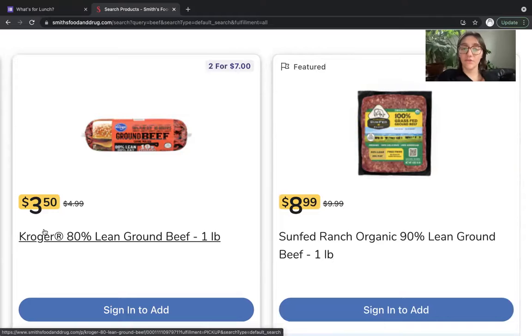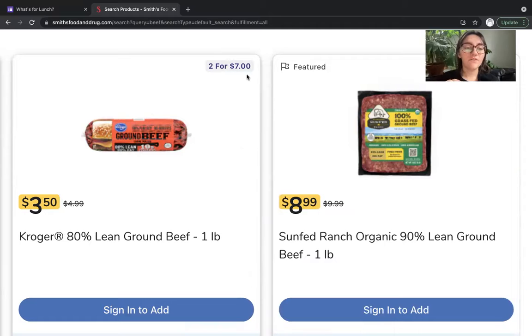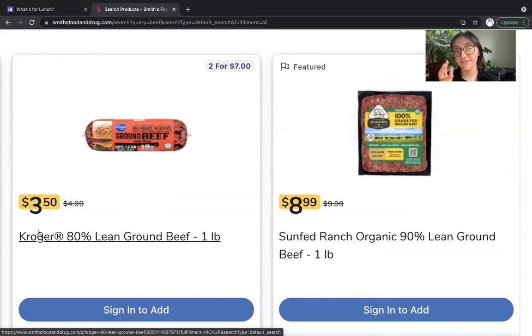The other thing that you can look at with sales and prices is this is 2 for $7. It's just letting you know that if you buy 2, you're going to be paying $7 for 2 of them, because $3.50 plus $3.50 is $7, right? 3 plus 3 is 6, 50 plus 50 makes a whole other dollar, so you add the dollar.